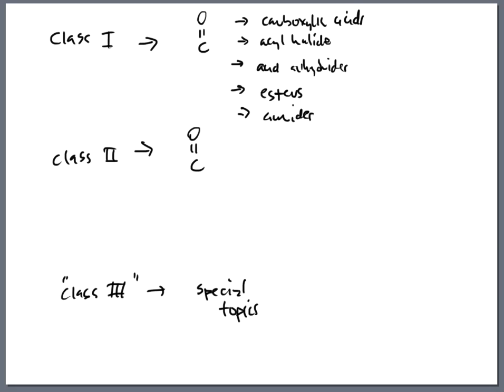The reaction schemes are similar, which kind of makes this make sense. So if class 1 is what we're going to focus on first, what about the reaction scheme? They all have something in common. And these contain a group that can be replaced by another group.